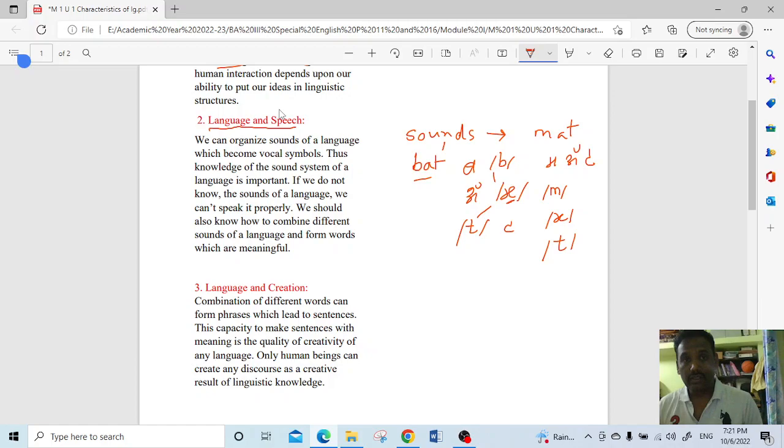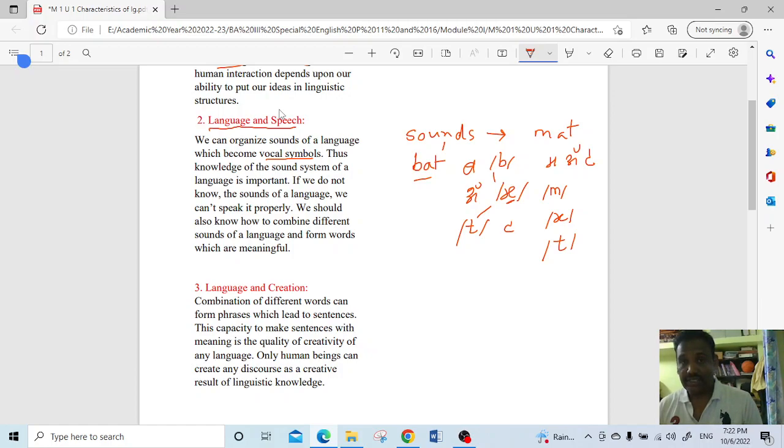So we can organize sounds of a language which become vocal symbols. So thus we use these speech sounds and we create a system. We make a system out of these sounds and this system works in language.